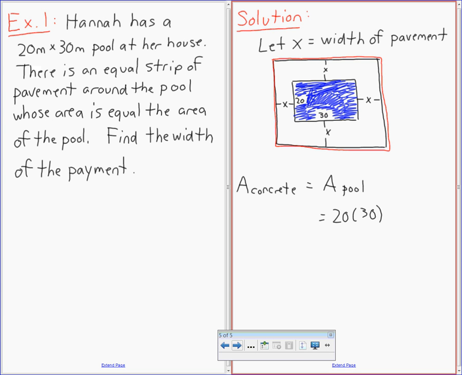So I'm going to call the area of my concrete the area of the big rectangle minus your pool. Okay, now here comes the tricky part. I have to get this distance from here to here, and this distance from here to here.